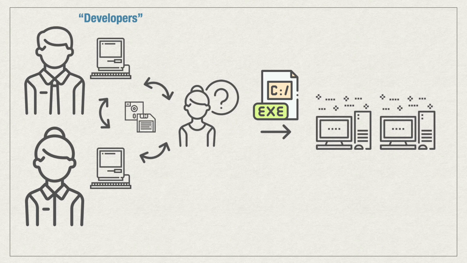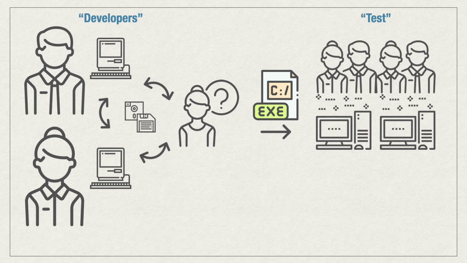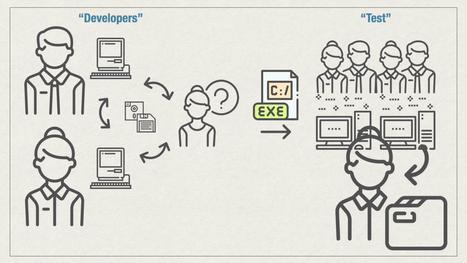And typically testing would involve a lot of customers using the code, trying it out, finding out what did and didn't work, and then reporting that feedback back to a project manager.